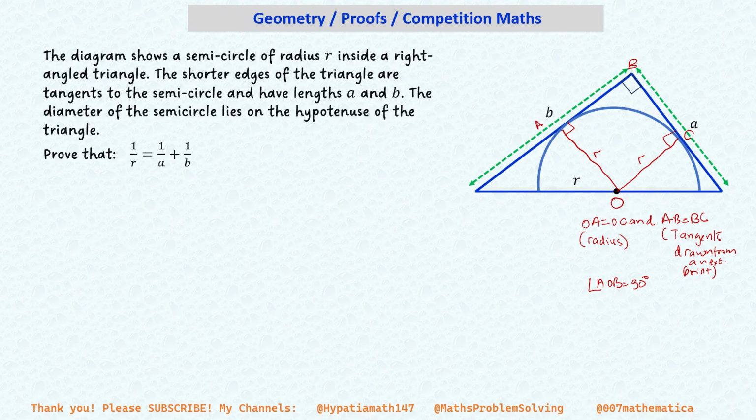All three angles in OABC are 90 degrees, so the fourth angle is also equal to 90 degrees. And then we can say that adjacent sides are equal. OABC is a square.